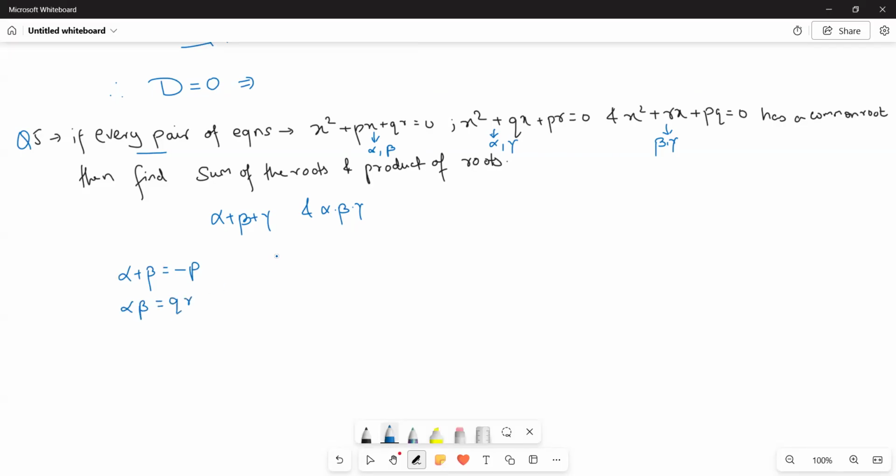From the second equation, what is alpha plus gamma? सर आपने जो एक फॉर्मूला दिया था कॉमन रूट का, हम लोग वो भी तो लगा सकते हैं. पर क्या नीड नहीं है यार. जो क्वेश्चन में पूछा है and the way the question is designed, it's not needed. And beta plus gamma would be minus R and beta gamma would be PQ. Now, using these set of equations, how do we get alpha plus beta plus gamma and alpha into beta into gamma?